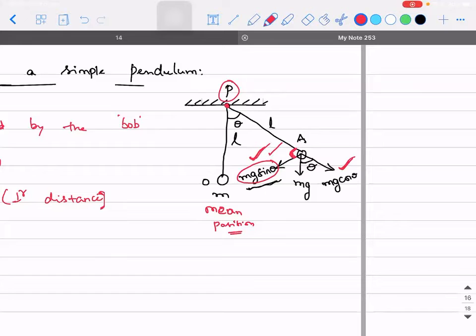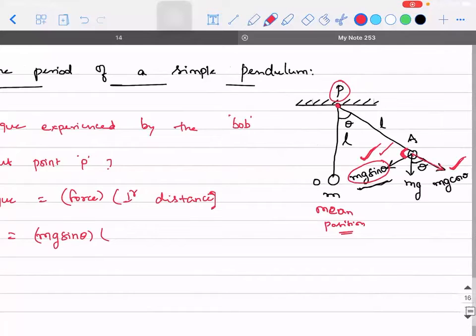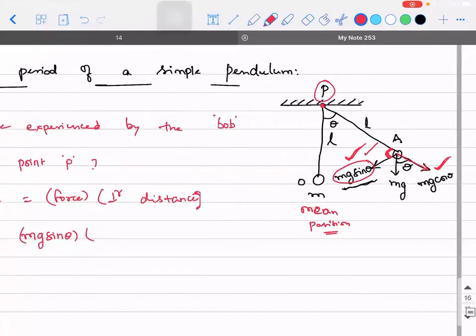When mg cos theta is along the length, then mg sin theta will be perpendicular to the length. So what is the perpendicular distance from mg sin theta to point P? It is AP. That is nothing but mg sin theta multiplied with L. Guys, am I clear?